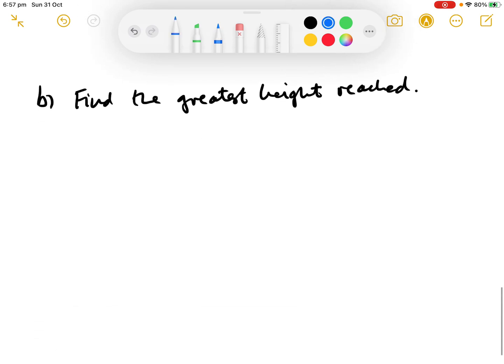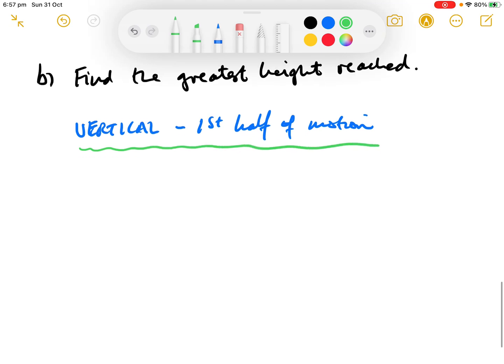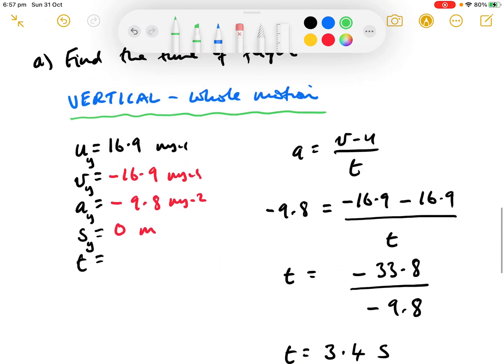Well, I hope it's pretty obvious that that is a vertical problem. But because we're going to the greatest height, it's the first half of the motion. And you should write vertical, and you should write first half of motion.